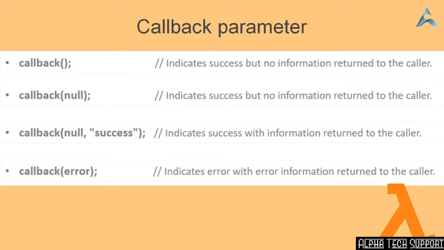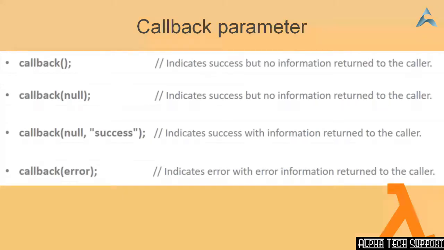When you place null in the callback method or function, it indicates the success, but no information is returned to the caller, as above. When you place null as first argument and success as second argument, or any value for the success, it indicates the success with information returned to the caller, the information that you pass as the second argument. When you write error in the callback method, it indicates the error information returned to the caller.